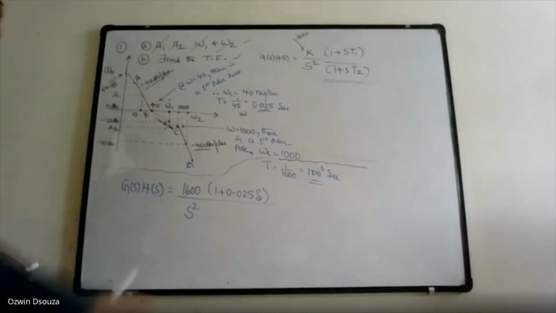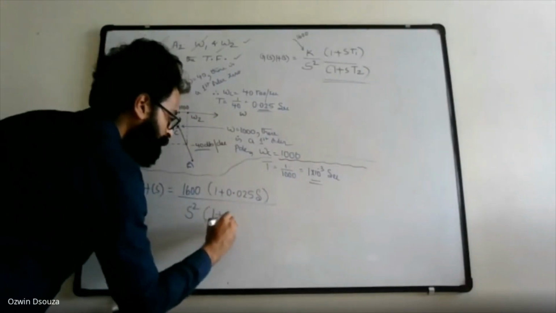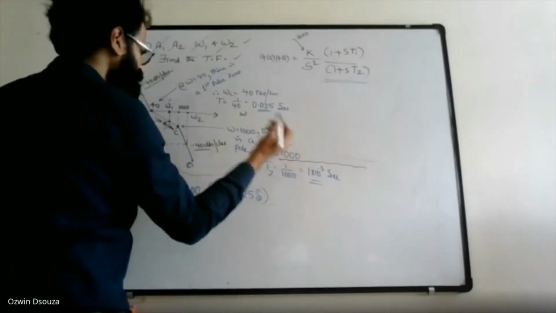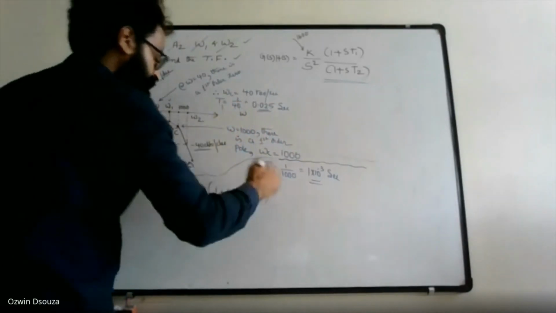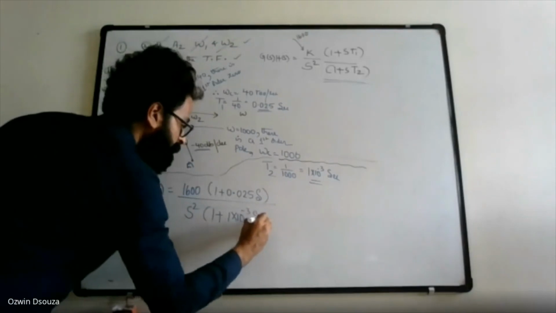So let us substitute against the first order pole: 1 plus T2 s. This is T2 and this is T1. T2 is 1 into 10 to the power minus 3 seconds.